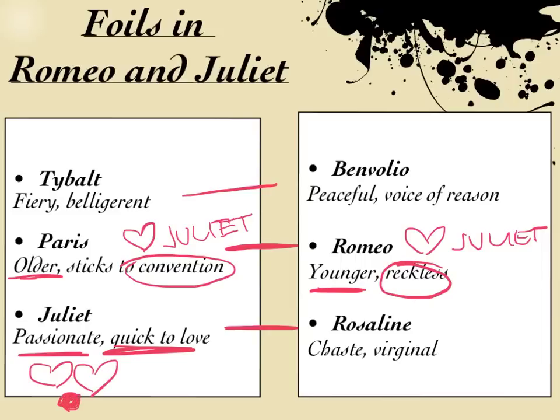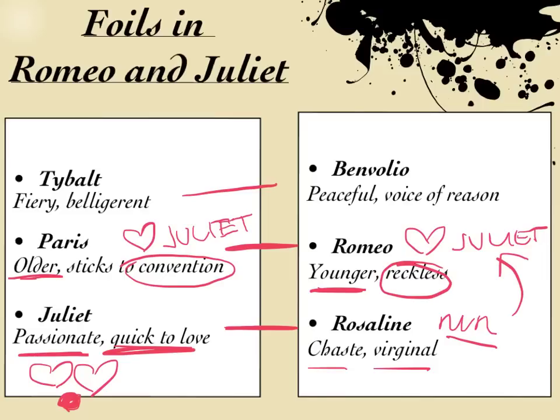They're just like so in love looking at what they have. Whereas Rosaline, we know, is going into the nunnery. She's going to be a nun. And this means that she's dedicated her life to God, which means that she's going to remain chaste and virginal. She's not going to have children. She's not going to get married. She's not going to have any sort of relations with men, let alone Romeo.